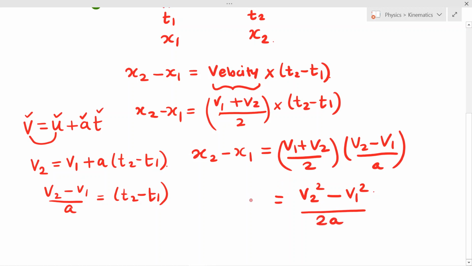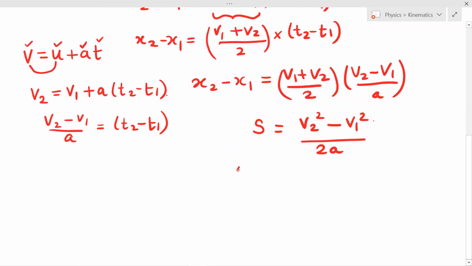And let's say x2 minus x1 is s, that is the displacement. So this becomes 2as is equal to v2 square minus v1 square, where v2 square then becomes v1 square plus 2as.